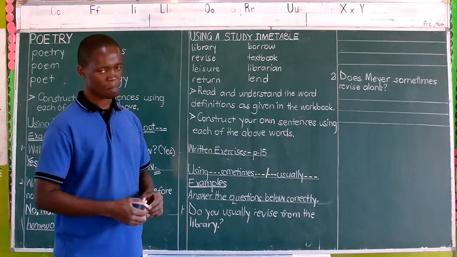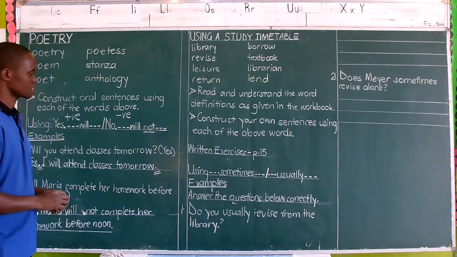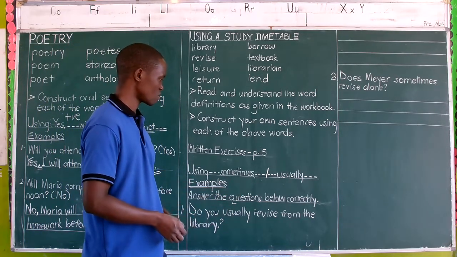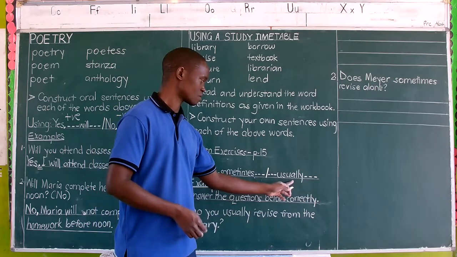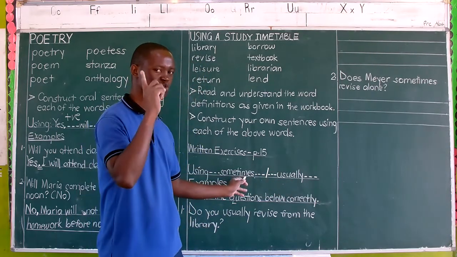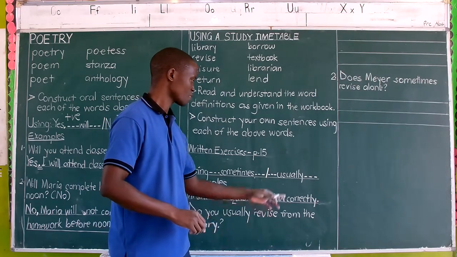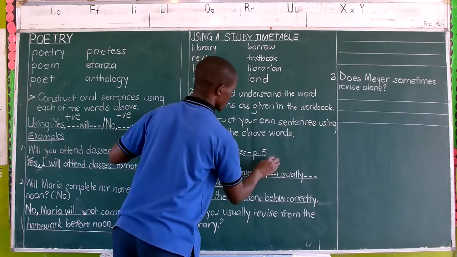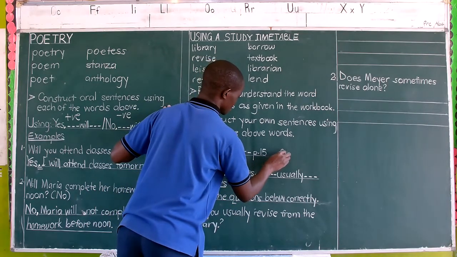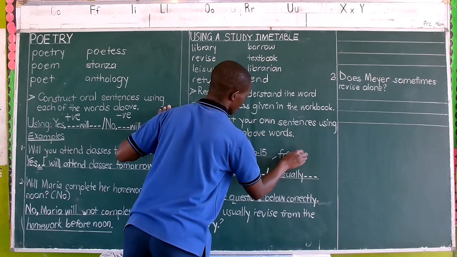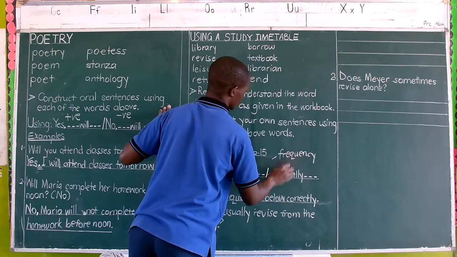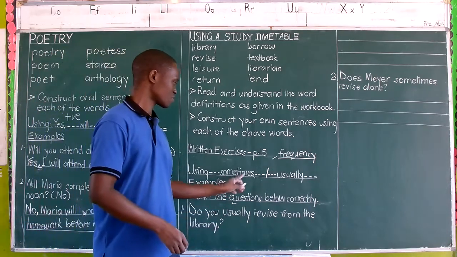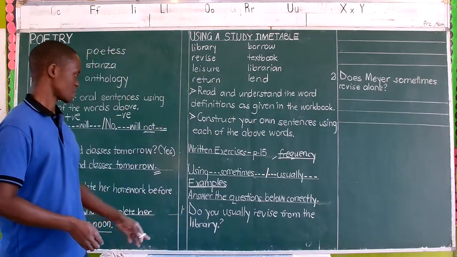Let's go to the structure part of this lesson, and we see using sometimes or usually. Either sometimes, which is written as one word, or usually. They are both adverbs of frequency. When you go to P5, P6, P7, your teacher of English will teach about the adverbs of frequency. Get ready. So these are examples of adverbs of frequency.